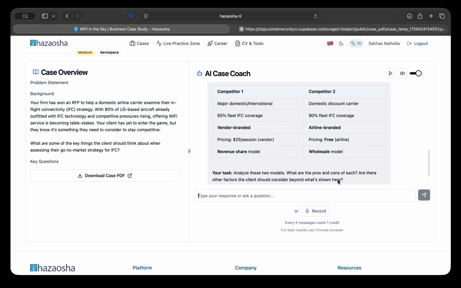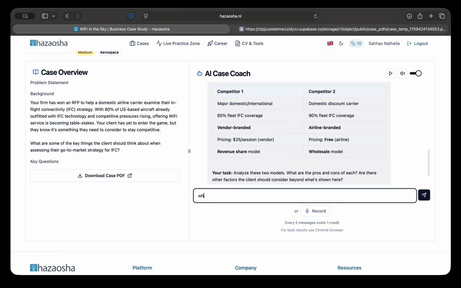So the task for us is to analyze these two. The question being asked is, what are the pros and cons of each, as you can see at the bottom? Are there any factors that the client should consider? So we can now re-prompt the AI: what model can I use to compare both airlines that I can then use in turn to reply for question 1?